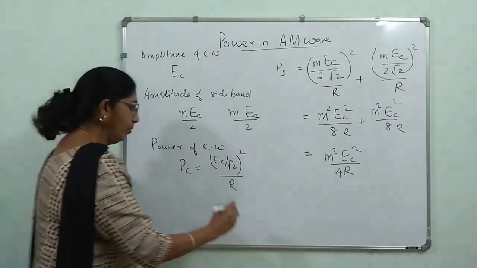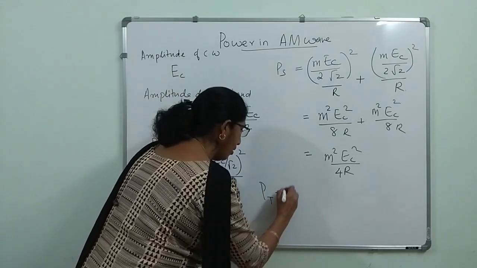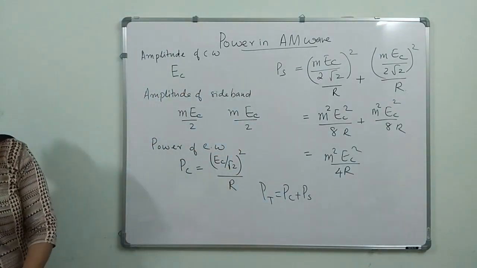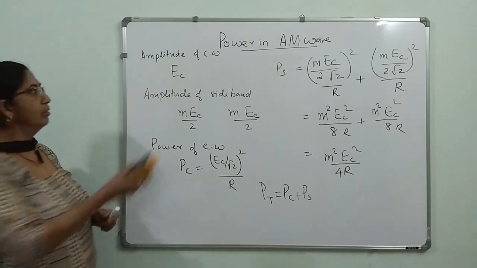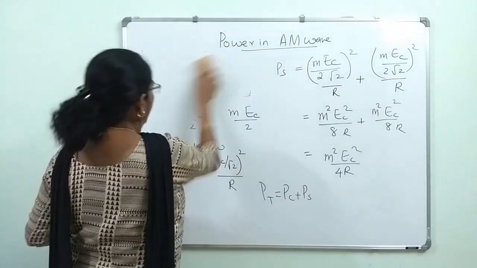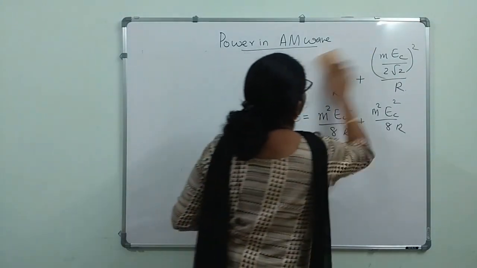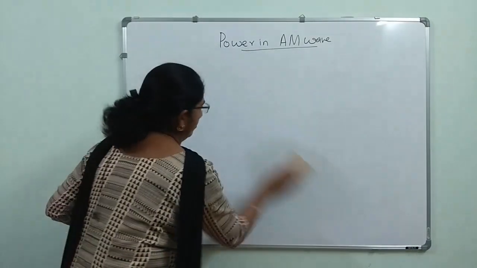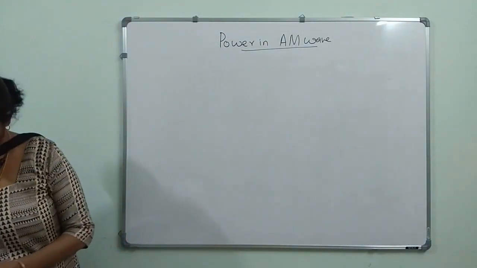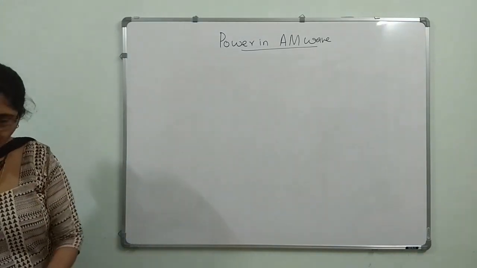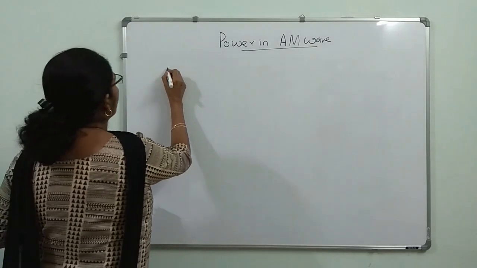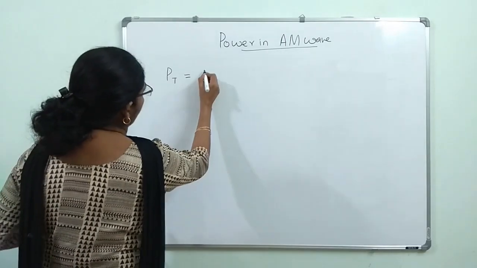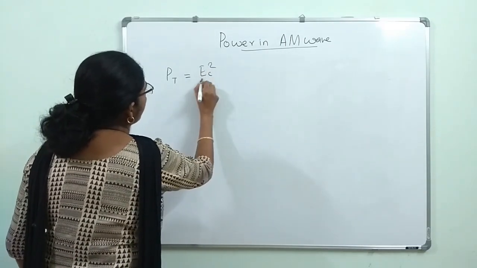So what will be the total power? Total power PT is equal to power in the carrier wave plus power in the signal. So substituting for PS and PC, you will get this as equal to power of the carrier wave is EC square by 2R.